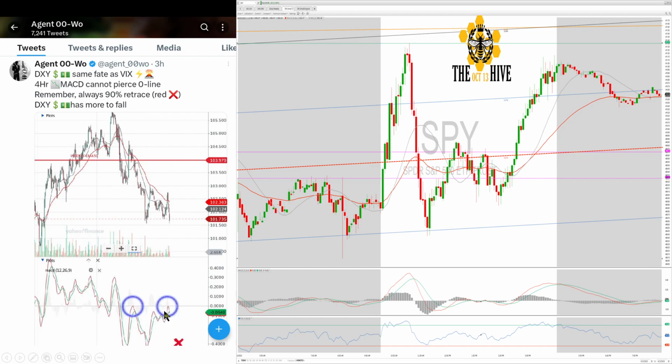What goes up must come down at a 90% retracement. Guess what, guys? This red X, that's where the dollar's headed. This is like 100% retracement here compared to here. That's like 150% retracement. See what I'm saying?